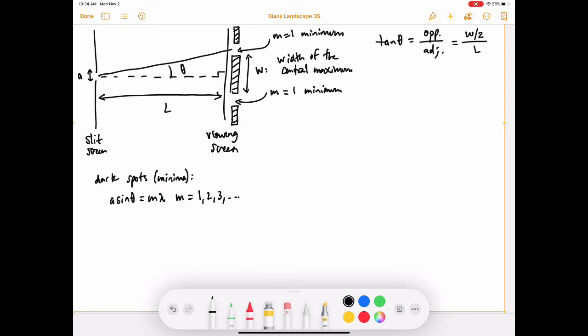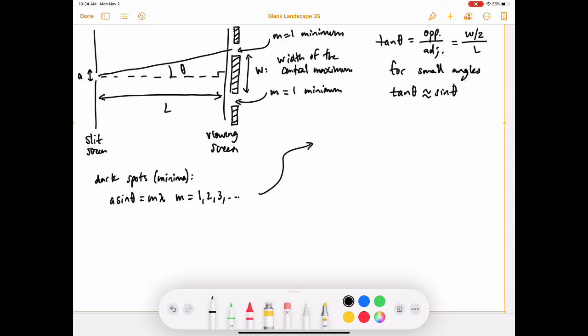Okay? But we're going to assume small angles. And one thing that we saw in the previous lecture is that for small angles, tangent theta and sine theta are approximately the same thing, which is useful, because if we go to our equation for the diffraction minima, there's a sine theta in there.